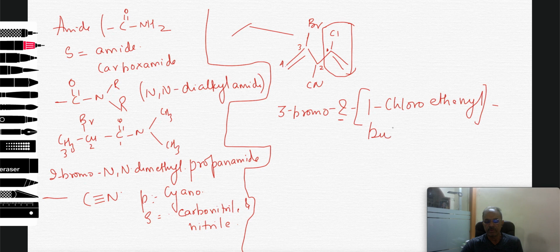But in nitrile, right? 3-bromo, second position, there is this complex ligand, I can say it as 1-chloroethynyl, that's why I have put it in a square bracket. 1-chloroethynyl, but 1, 2, 3, 4, but 3 in third position in nitrile.